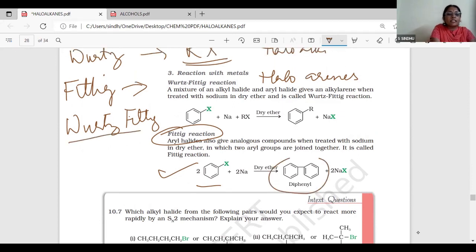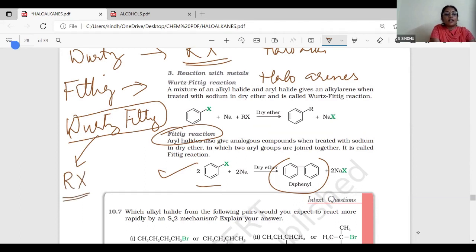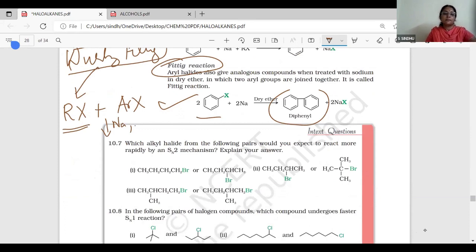And when it comes to Wurtz-Fittig, what is the difference? Both alkyl halides and aryl halides. Wurtz-Fittig is when we have a combination of RX and haloarene reacting with sodium and dry ether. So what type of compound do we get?